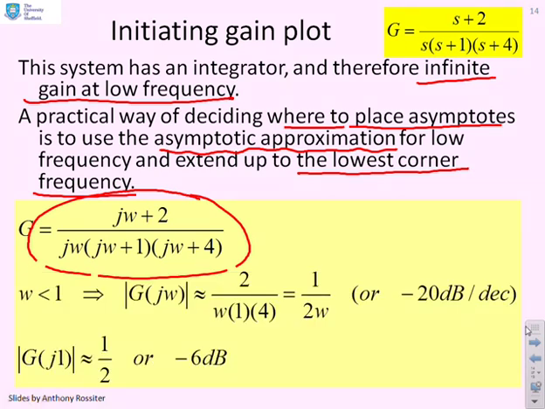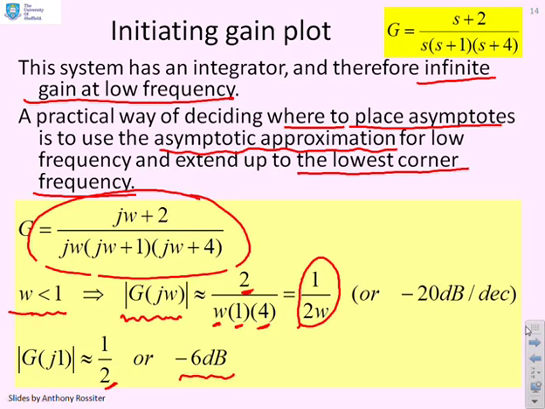So in other words, if omega is less than 1, then G of j omega is approximately equal to 2, so j omega plus 2 is just 2, times omega, that's for the j omega, times 1, that's for the j omega plus 1, times 4, that's for the j omega plus 4, which gives me 1 over 2 omega. So that's the approximation for small omega. Now, at omega equals 1, this is going to give you a half, or minus 6 decibels. So your asymptotes will go through minus 6.